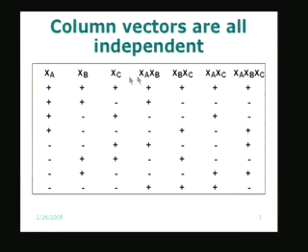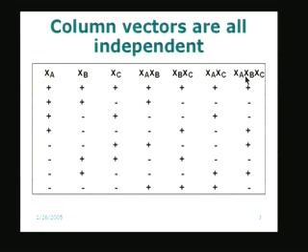And you can see that I can create this column by simply using this plus into plus is plus, plus into plus again is plus, plus into minus is minus, and so on and so forth. So these are products of 2 columns written here, and similarly XB, XC is the product of these 2 columns, and similarly XA, XC is the product of these 2 columns.